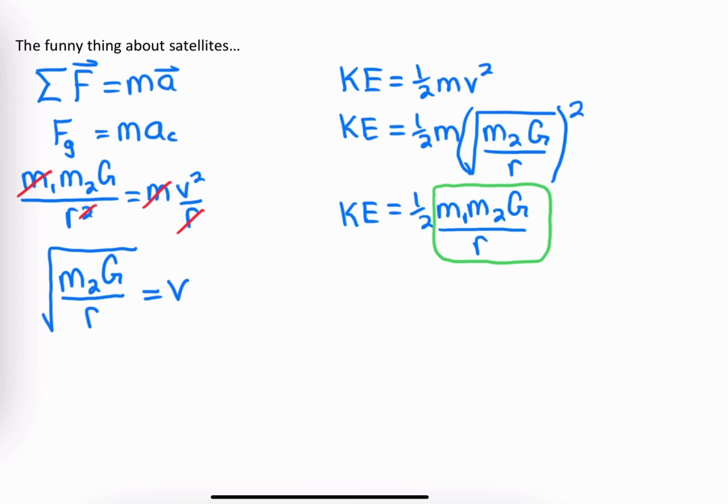If I took my potential energy formula and multiplied it by -1, then those negatives would cancel out and I get exactly this thing in this green box. So this is basically the negative of the potential energy.